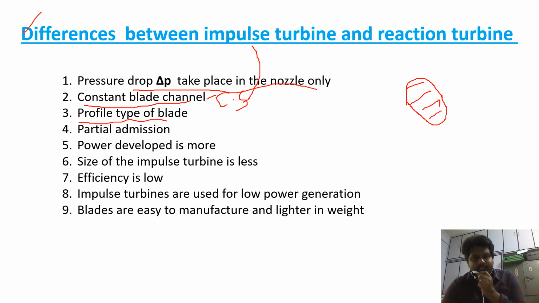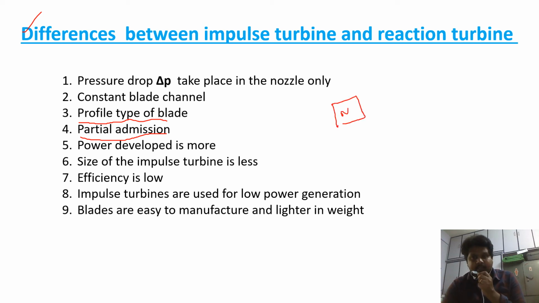The next difference is partial admission, which means, as we know, that a pressure compounding impulse turbine has a number of nozzles. For example, here it has say 4 nozzles. In a pressure compounding turbine, the pressure drop takes place stage by stage.